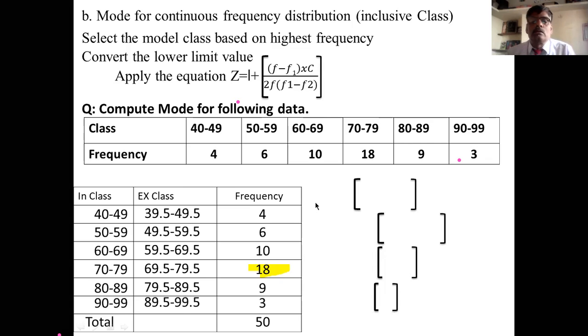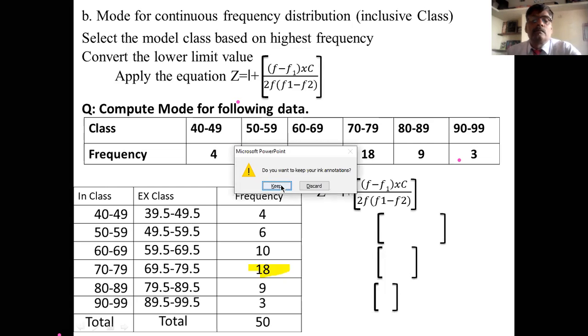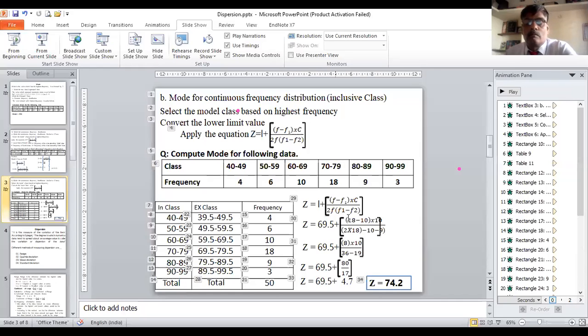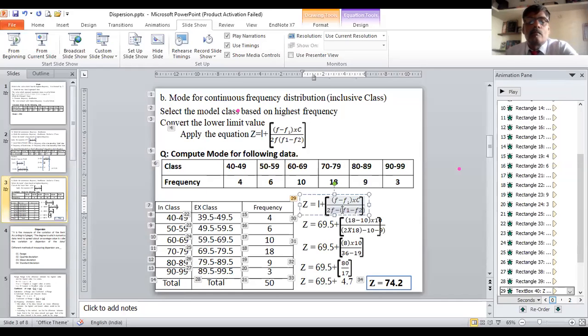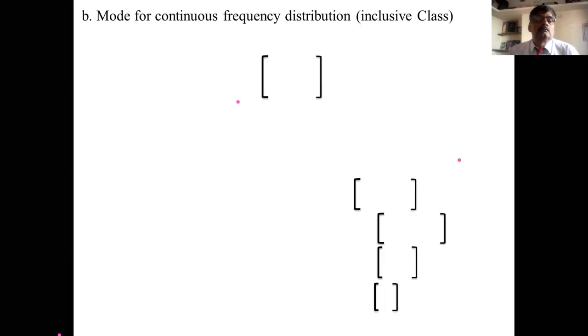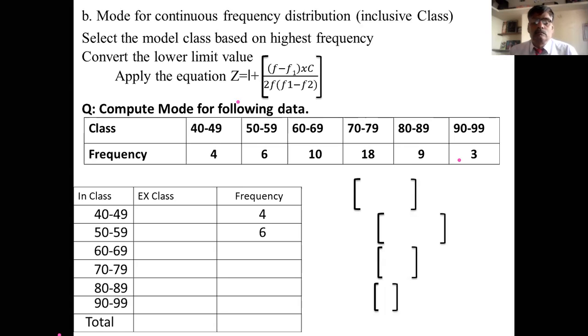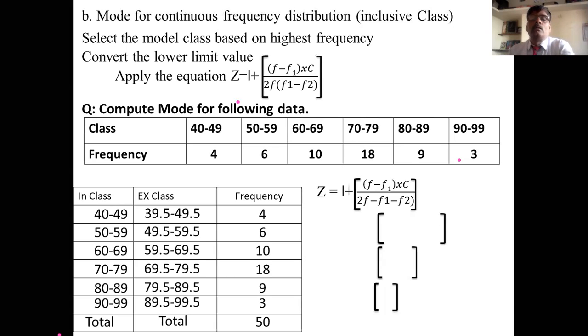Then write the equation. Equation is Z is equal to L plus (F minus F1) into C divided by (2F minus F1 minus F2).